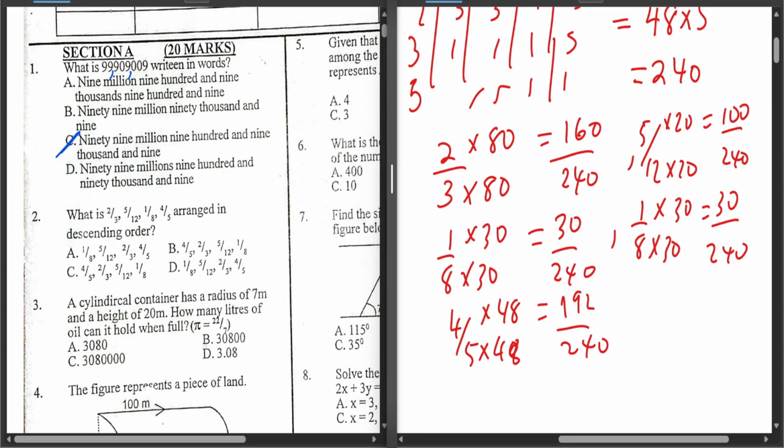So starting arranging in descending order, that is from the largest to the smallest. The largest being 192 over 240, which is 4 over 5.